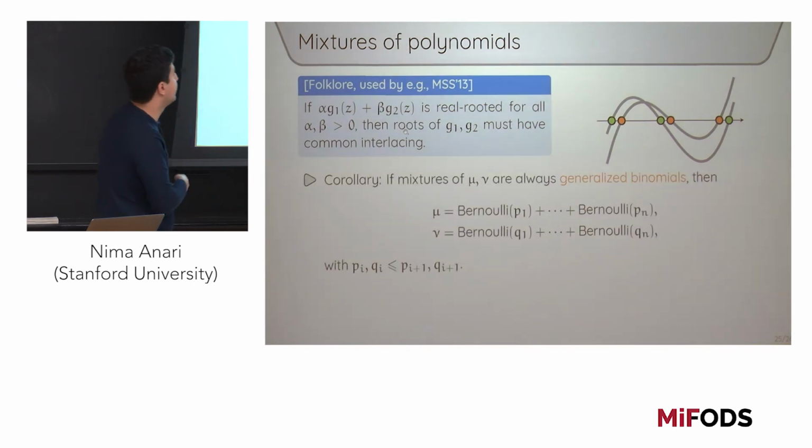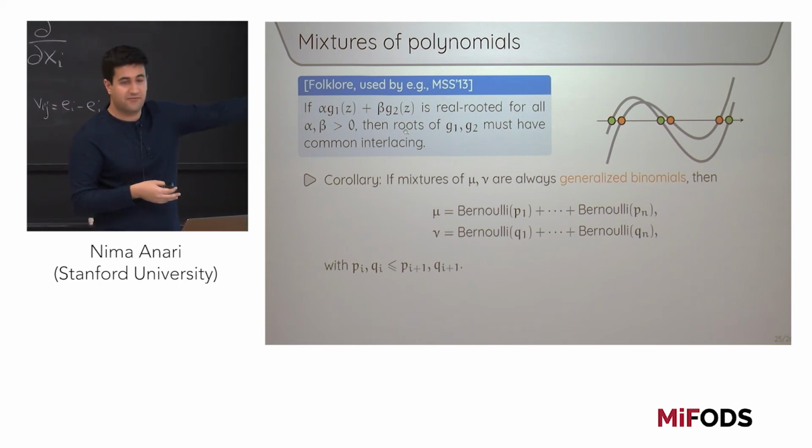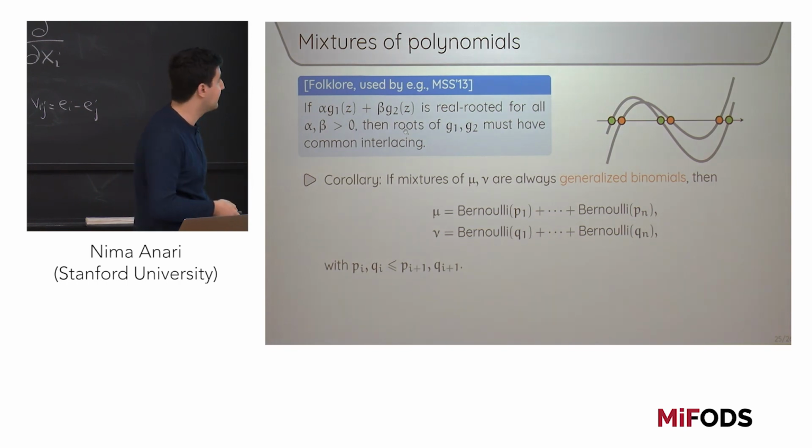Okay? So in particular, if you order the roots of the polynomials, before the ith root of each polynomial, there should be the (i minus first) root of the other polynomial, and so on. Right? So that also tells you that the biases of the Bernoullis also interlace each other. Okay? Because biases corresponded to the roots exactly. So if you order the biases of the Bernoullis between the two distributions mu and nu, these biases interlace each other.